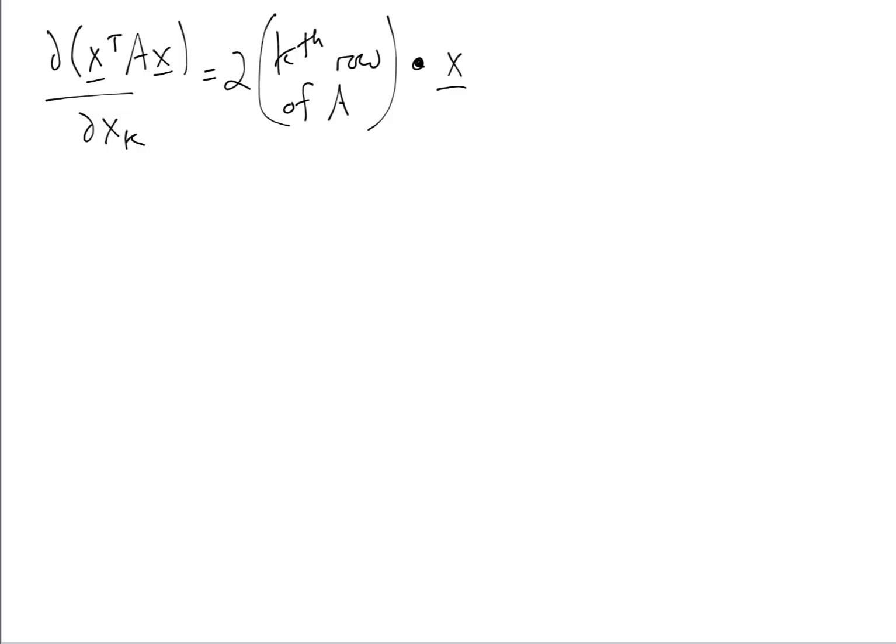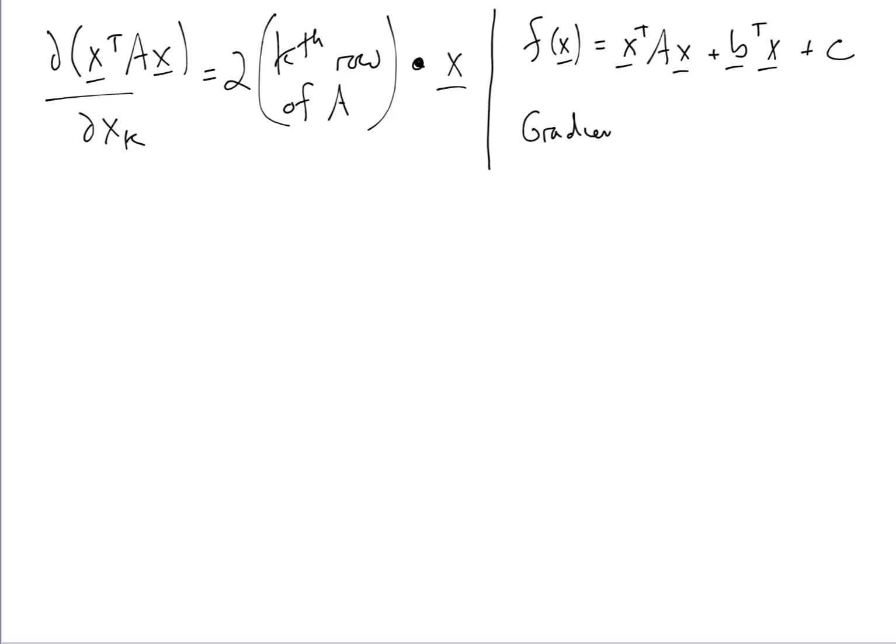Now let's come back to the overall problem that we were solving. We had our quadratic function, f of x is x transpose Ax plus b transpose x plus c, and we want the gradient of f of x.